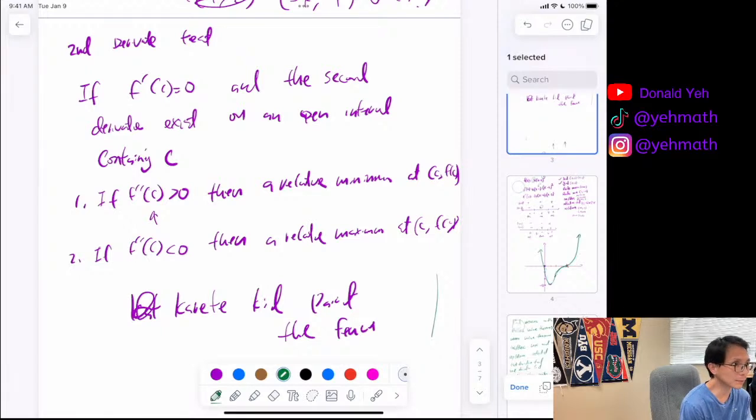And that's the second derivative test. A lot of times people don't use the second derivative test because they can usually use the first derivative test. They just do a number line, say increasing, decreasing, and see the maximum.